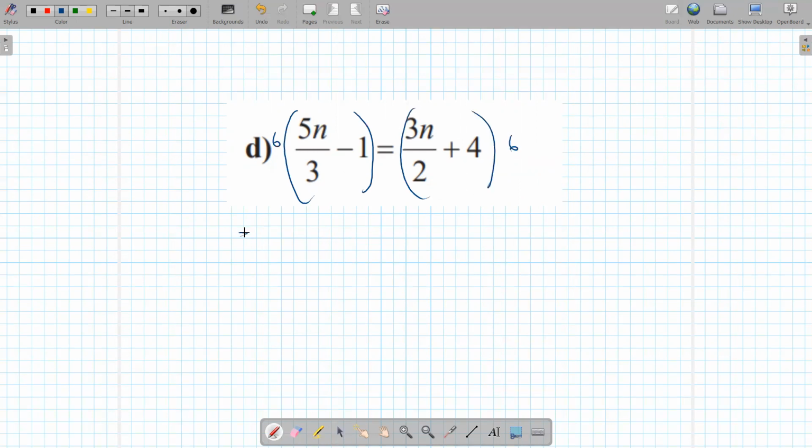Now look at this, 6 times 5 is 30, 30 over 3 is 10n minus 6. On the other side we have 3 times 6 is 18n over 2, 9n, and then 4 times 6 is 24. Then we can move this to this side, and this to this side, okay? So you'll get n equals 30, and n is gonna be... cool?